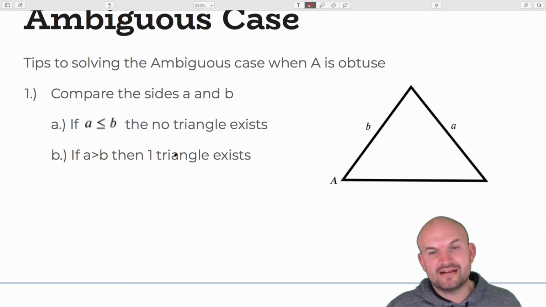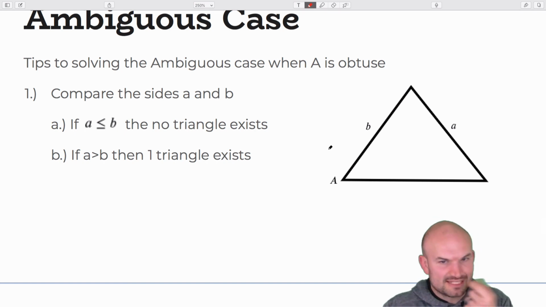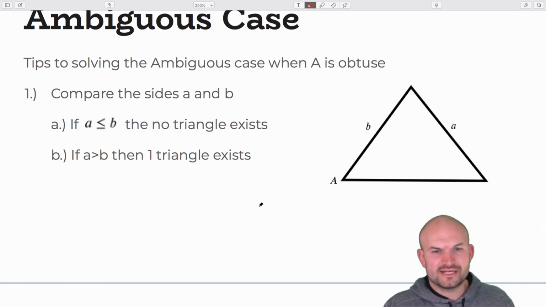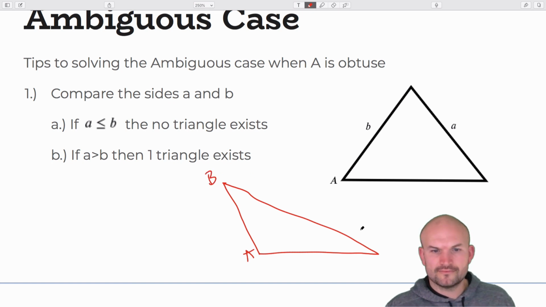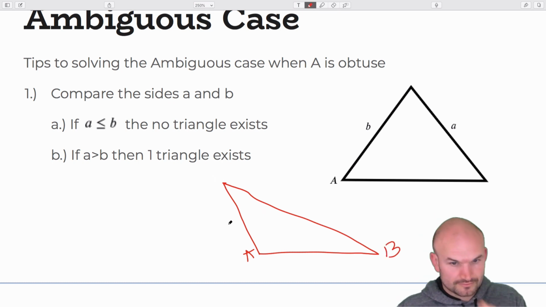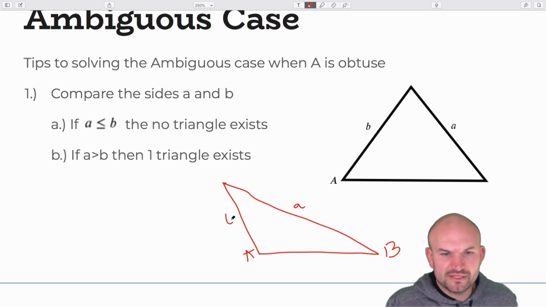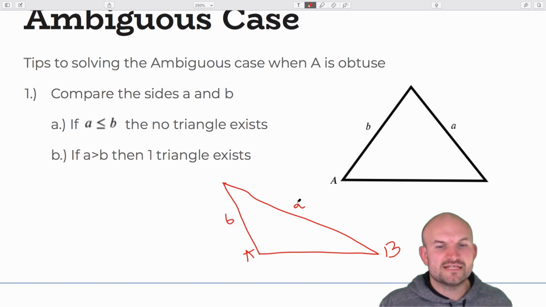So that's just kind of important to understand, and that makes sense. I don't know why I didn't do this as an obtuse triangle. I should have redrawn that. So if here's A, and B is over here, so this is A and this would be little b. So you have angle, side, side.